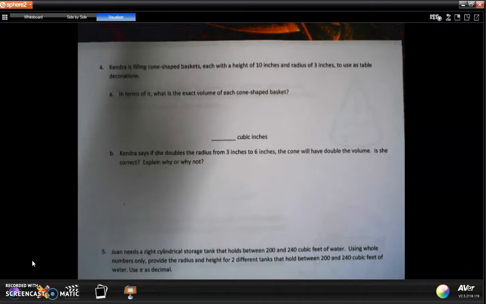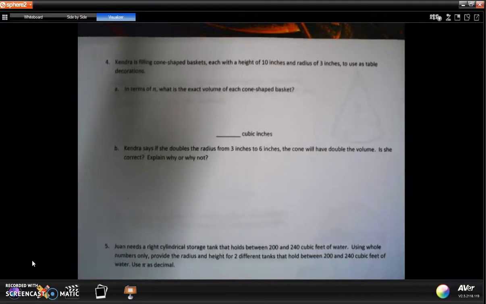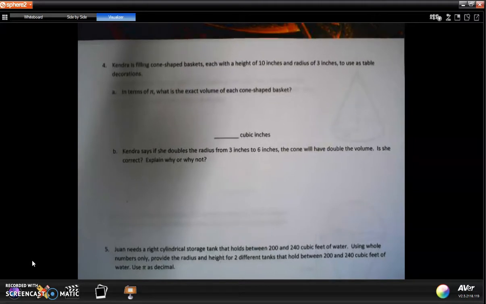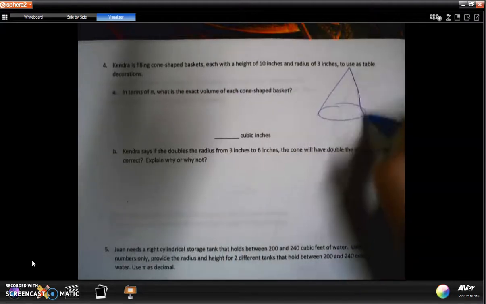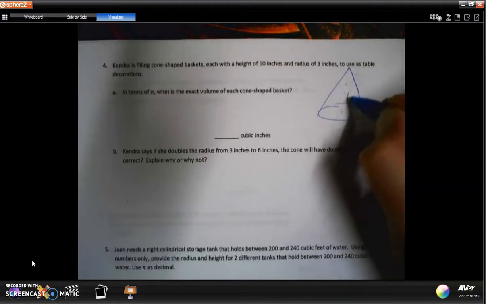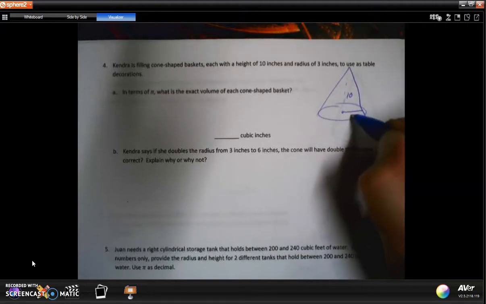Number 4. Kendra is filling cone-shaped baskets, each with a height of 10 inches and a radius of 3 inches, to use as table decoration. In terms of pi, what is the exact volume of each cone-shaped basket? So the height is 10 and the radius is 3.